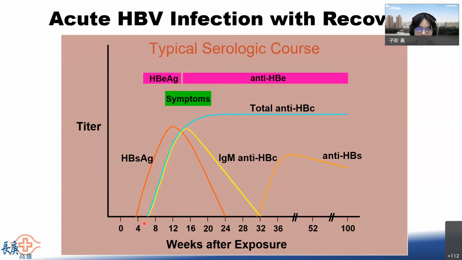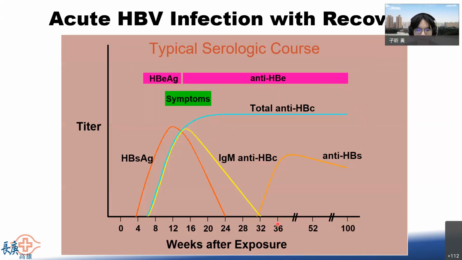And then when you see here, this is the same as the HAV antibody. The IgM is still the acute phase. So during the acute phase, IgM anti-HBc rises and then gradually decreases as the patient recovers. But the IgG, or the total anti-HBc, remains high after exposure to the HBV virus.